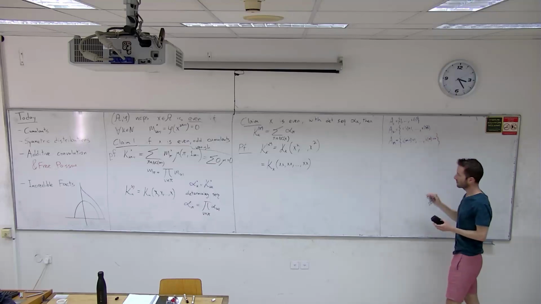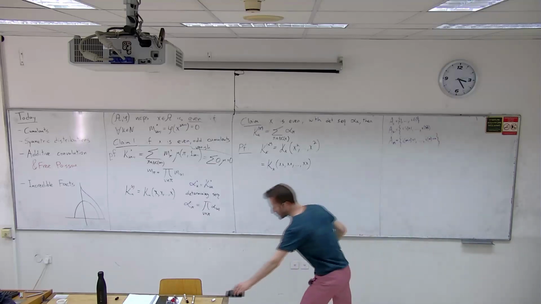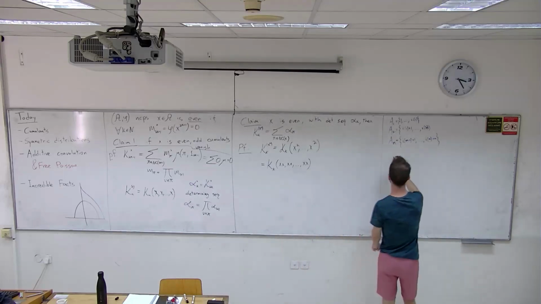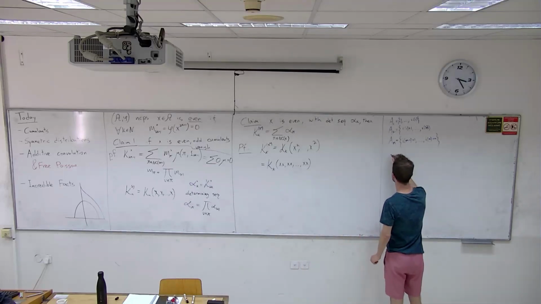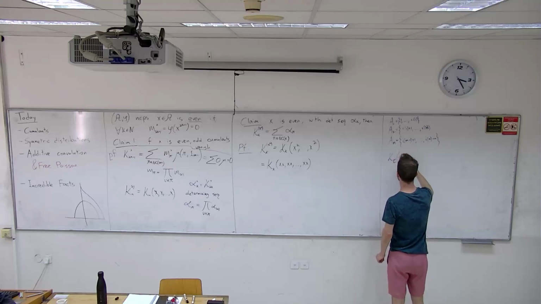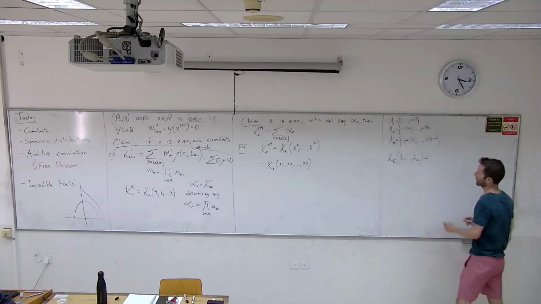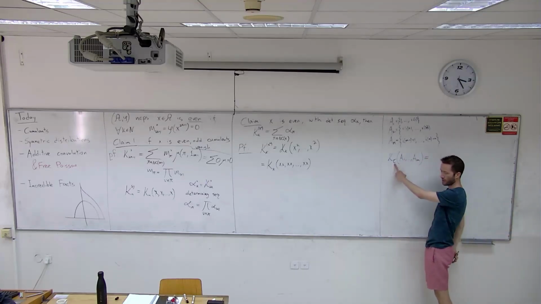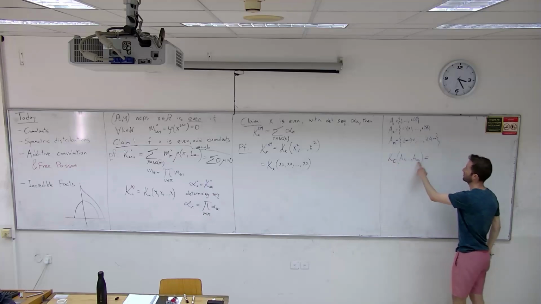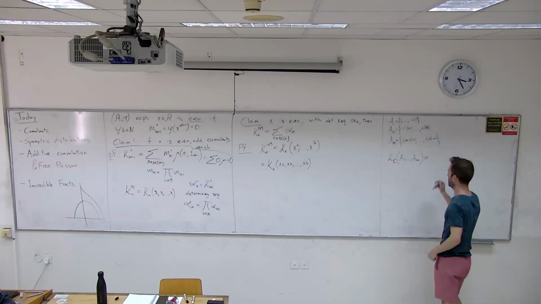I have these sets, and I want to understand what is the tau cumulant of A1 up to Am. Tau is now a non-crossing partition of m elements, m is less than n.